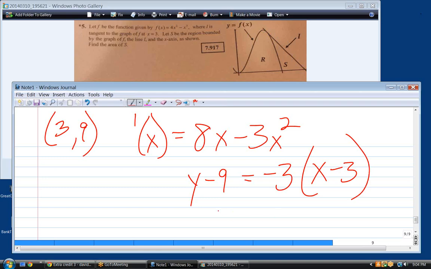So now y is equal to minus 3x plus 9 plus another 9. So there's the equation of that line.